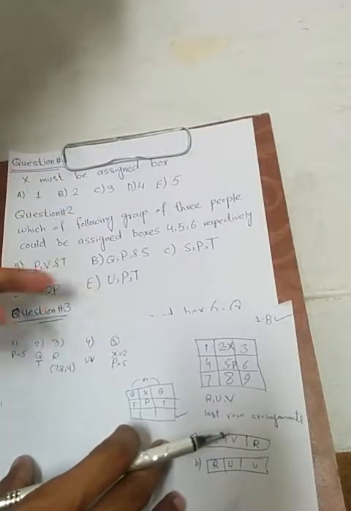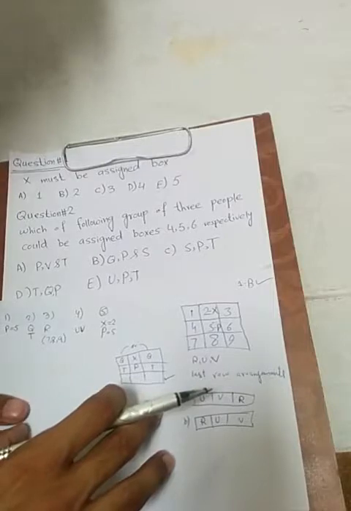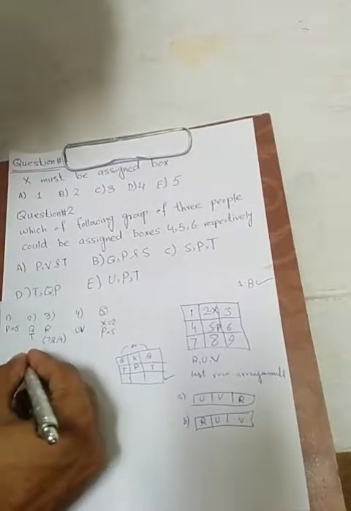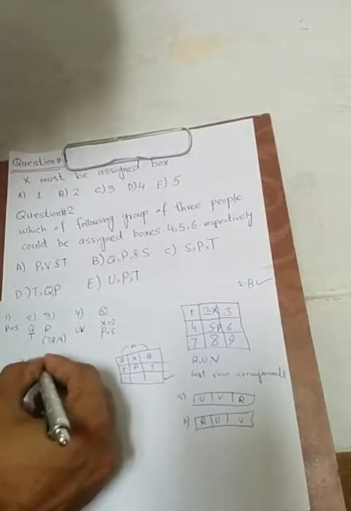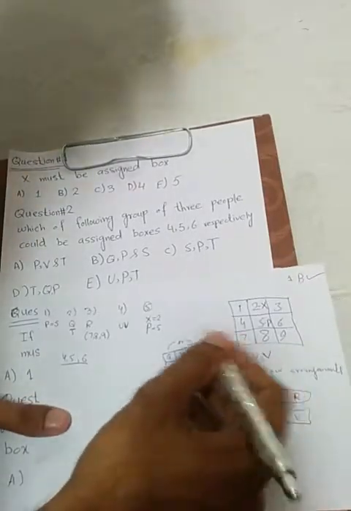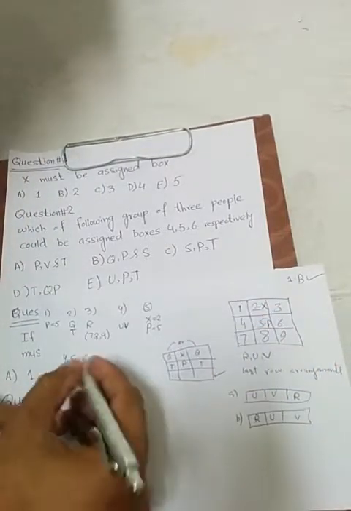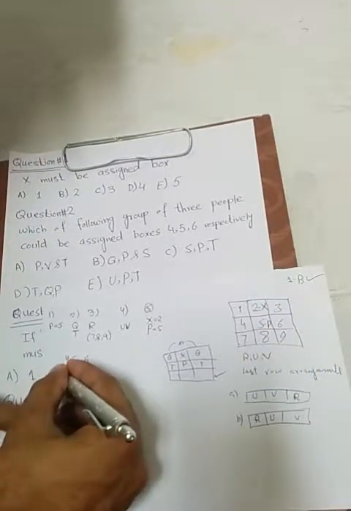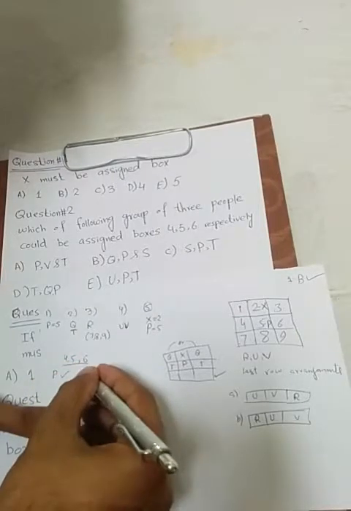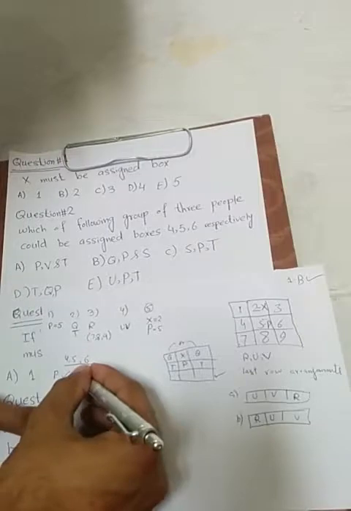So before moving to the answers, first some conditions about 4, 5, and 6. Remember, the first condition is that in this row we have P at position 5. So in the answer, P must lie in the middle.